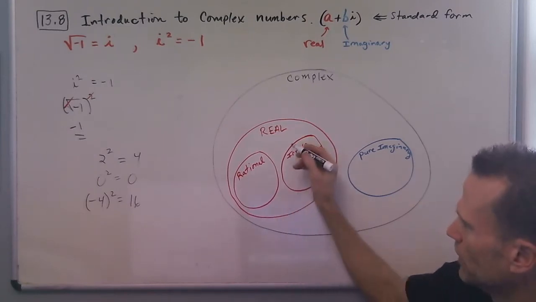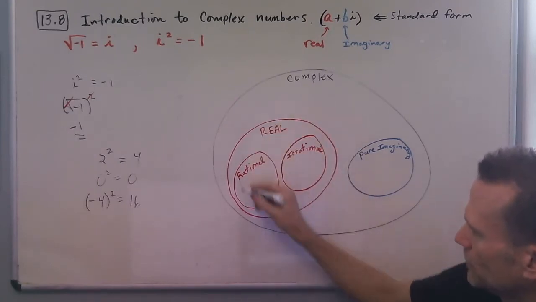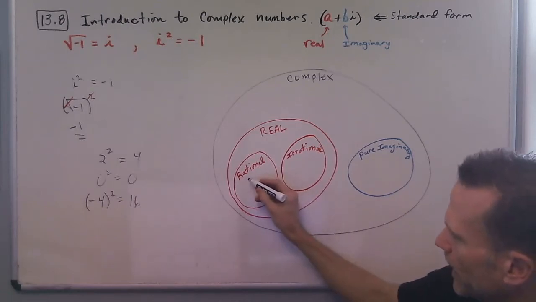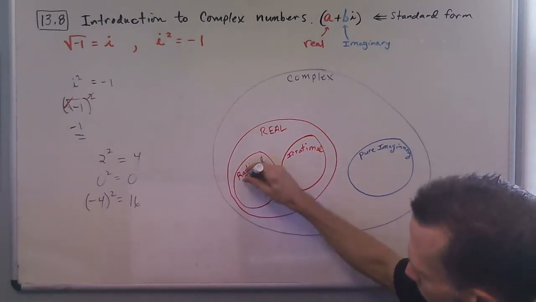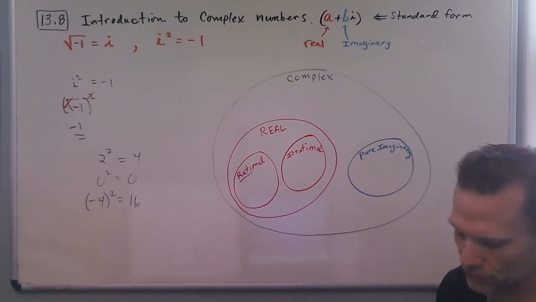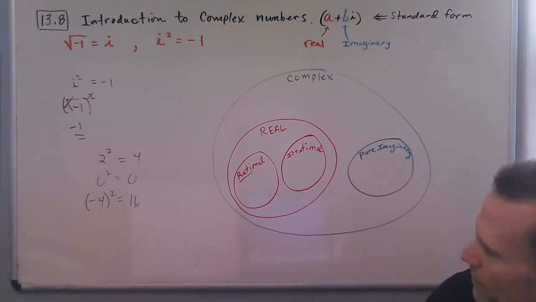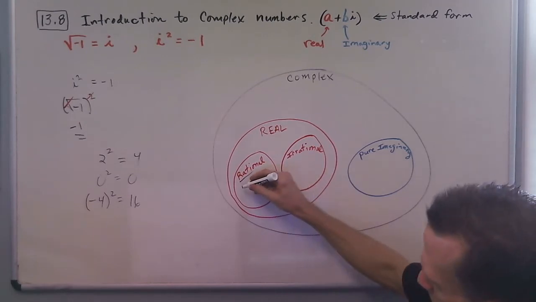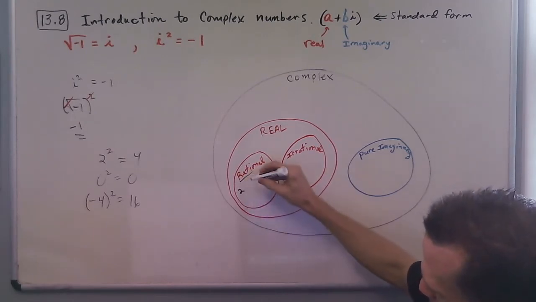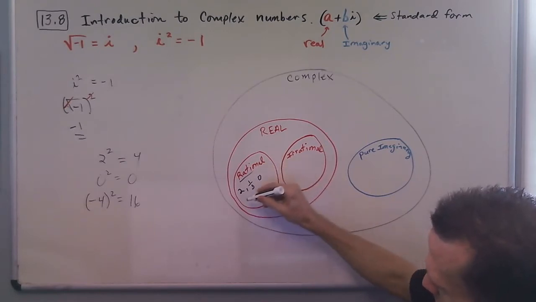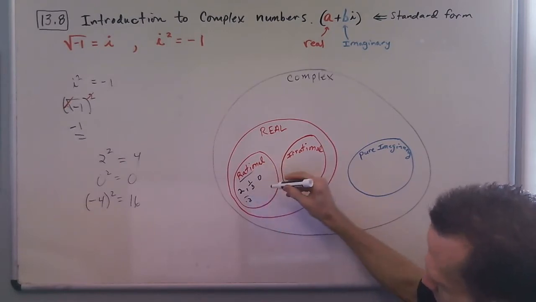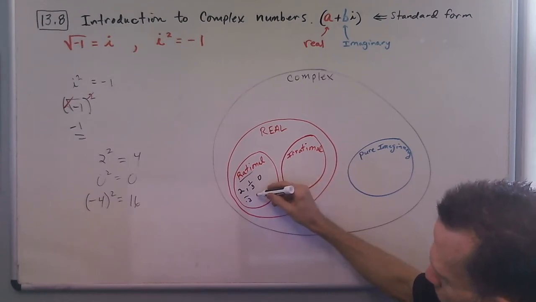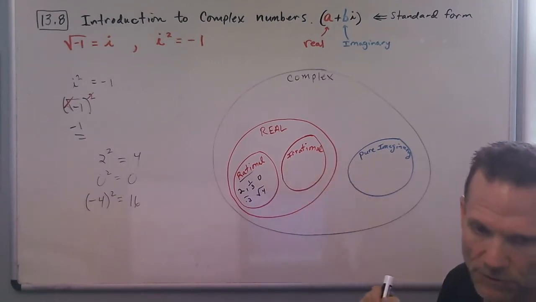And if you think about what is encased in these real numbers here, we have our rational numbers, where the key word is ratio, and everything that falls in here can be written as a fraction. And so we have just plain old numbers like 2 and 1/3 and 0 and 0.3 repeating. The square root of 4 is in there because that's equal to 2.